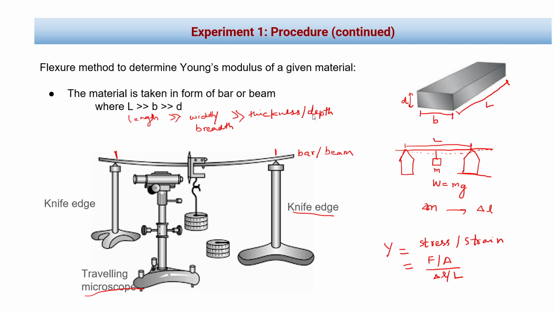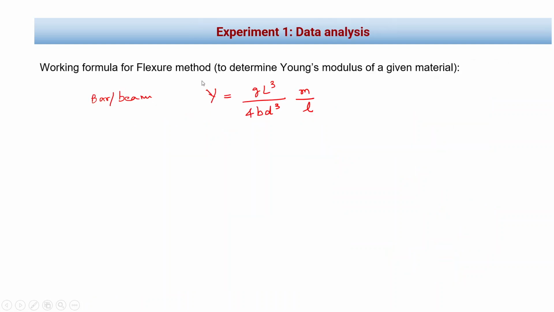Okay, so as we saw here, the force will depend on the mass and the acceleration due to gravity, the area of cross section will also depend on volume and length and these things. So the final formula, the working formula that we find, is like this. We can just take it that this is the working formula for a bar or beam to find out the Young's modulus.